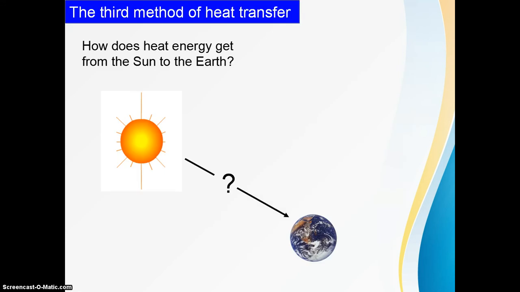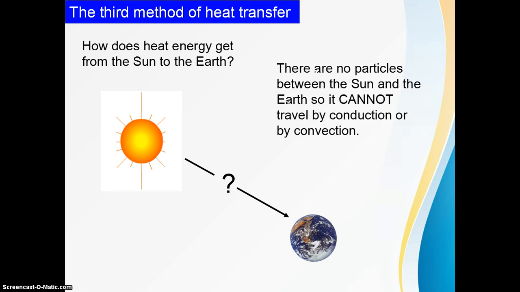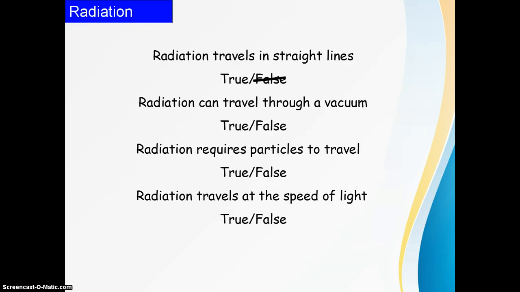Next and the final mode of heat transfer is radiation. What is the classical example? The classical example for radiation is sunlight which falls directly on the earth's surface. There are no particles between the sun and earth, so it cannot travel by conduction or convection. It is a direct transfer of heat, called radiation.